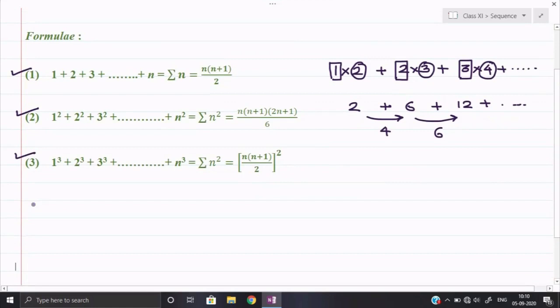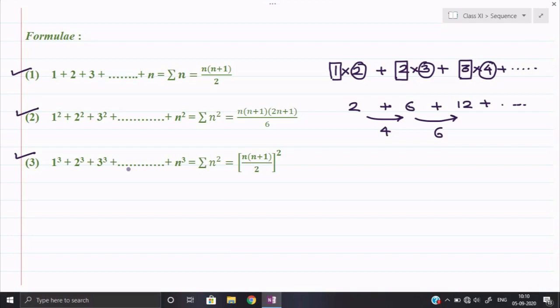For example, see the first sequence. The first one is 1 plus 2 plus 3 and so on, going up till n, which means I am adding natural numbers up till n. So the sum is n into n plus 1 upon 2.